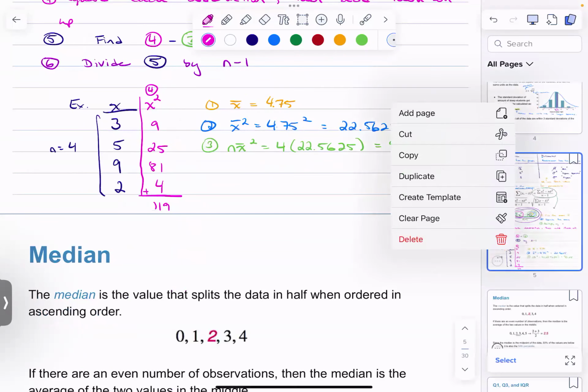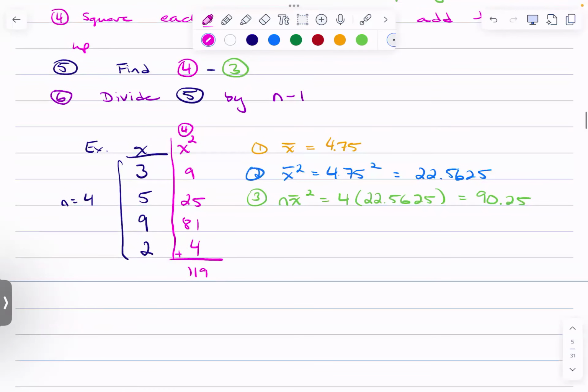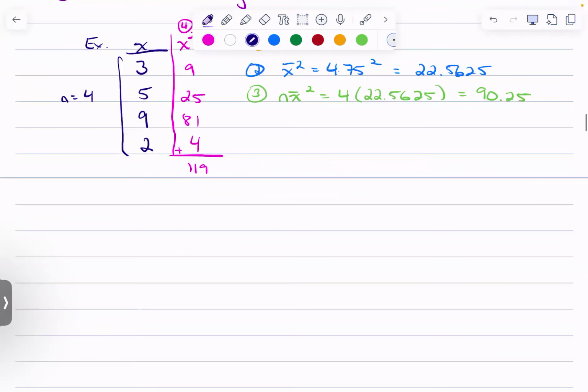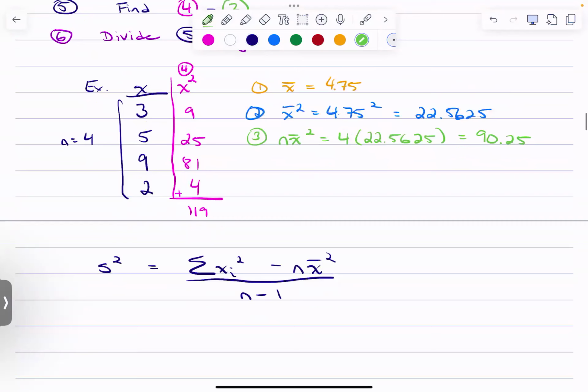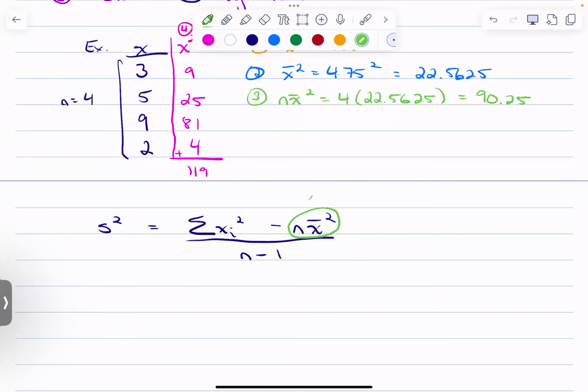So now, if our s squared is the sum of xi squared minus n times x bar squared, divided by n minus 1, you found that this value can be replaced by 90.25, and you already did all this work, and this one can be replaced by 119. And you know what n is? n is just 4.